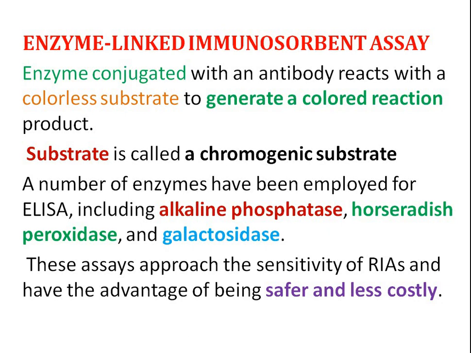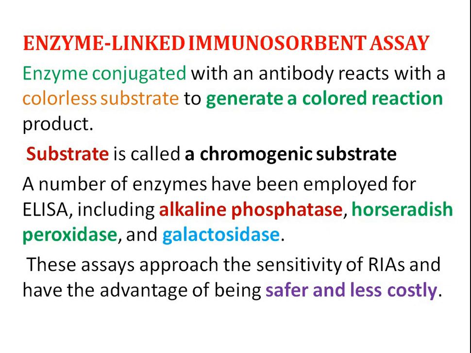The enzymes are conjugated with antibodies. Then the substrate binds with the enzymes and produces a specific color reaction. That color reaction is measured with the help of a spectrophotometer. The substrate is called a chromogenic substrate.